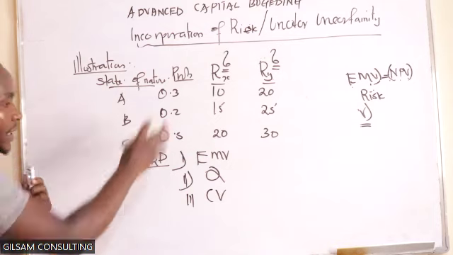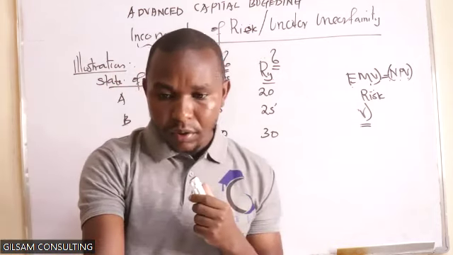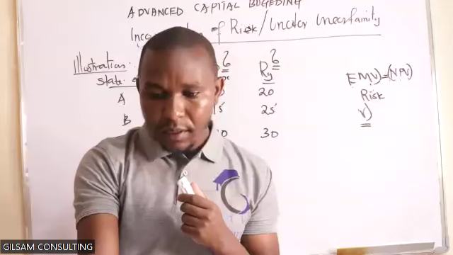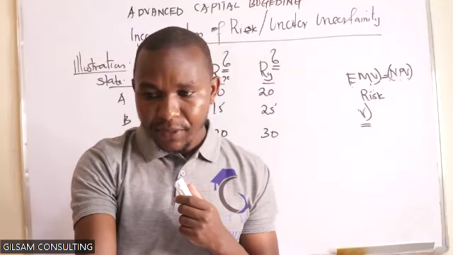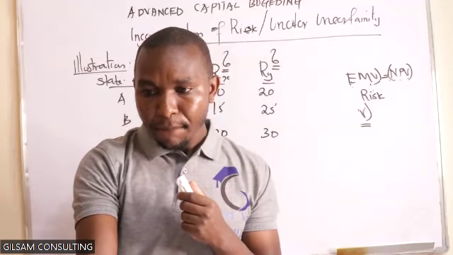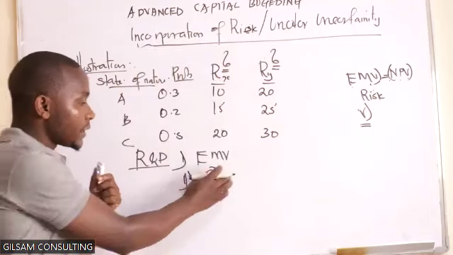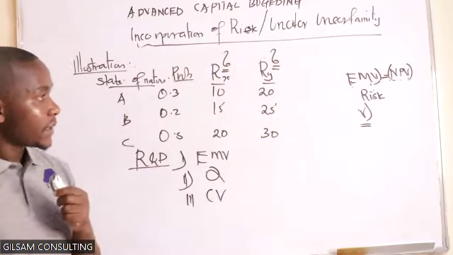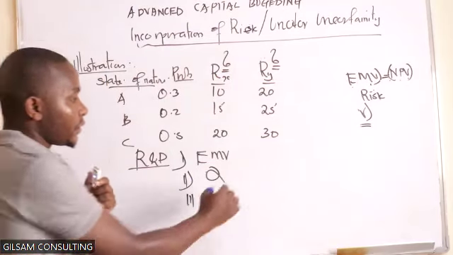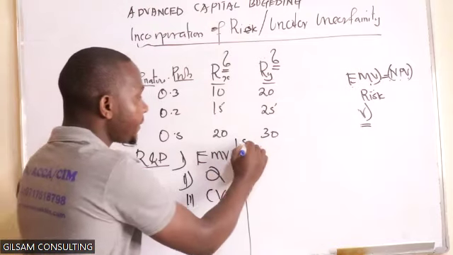So given this illustration, we need to see how much is our expected monetary value, standard deviation, and CV.